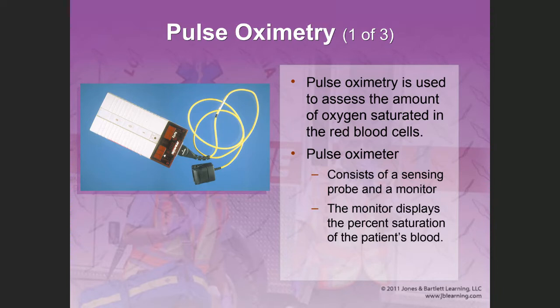The normal pulse oximetry should be above 95%. You will not see a person at 100% and remain at 100% if they're breathing normally, because the remaining percentage is necessary for CO2 and nitrogen. We need CO2 and we need nitrogen in our body.